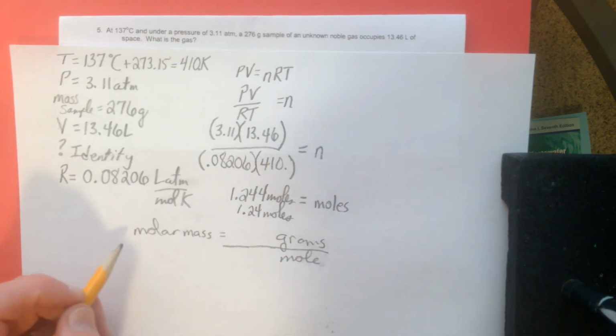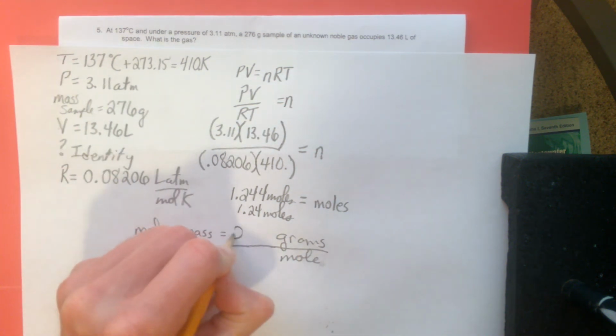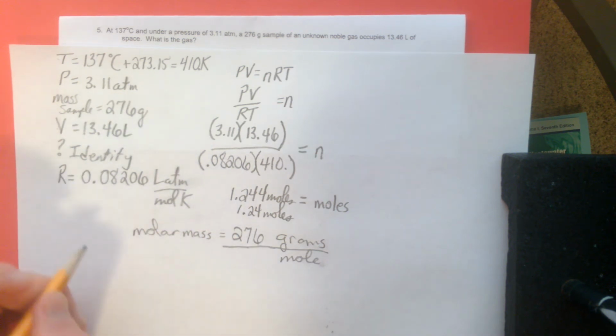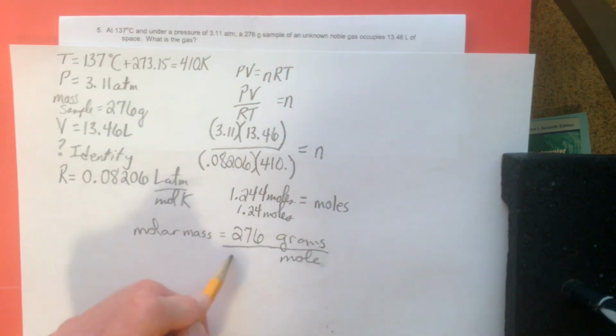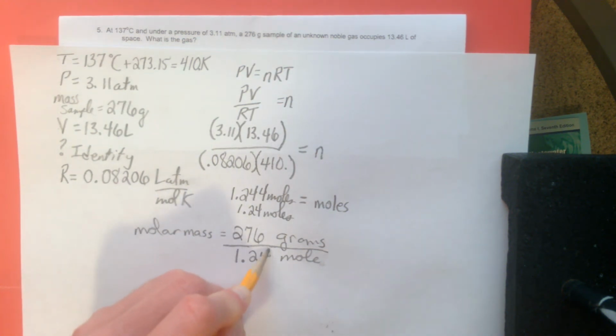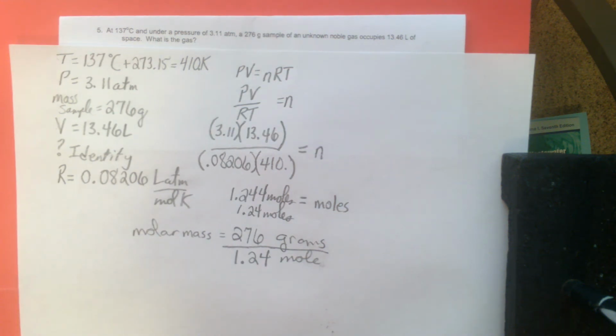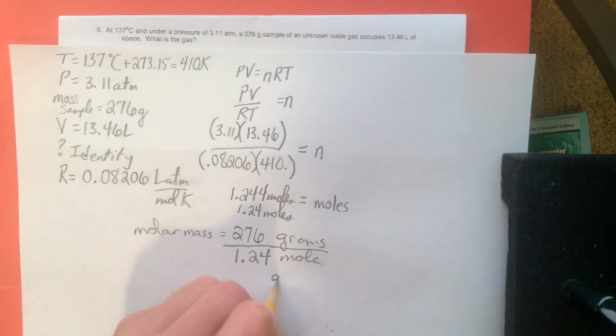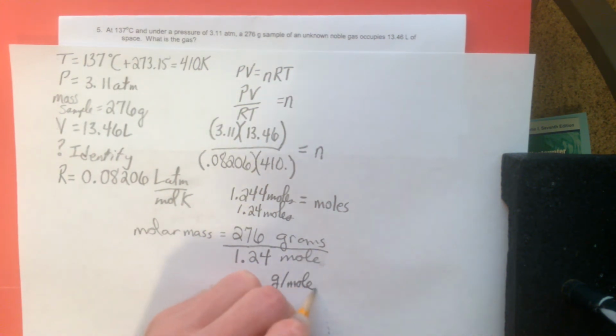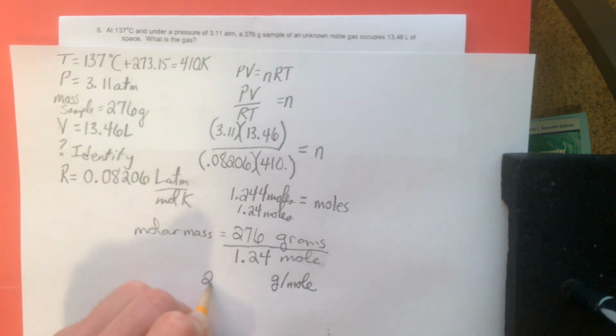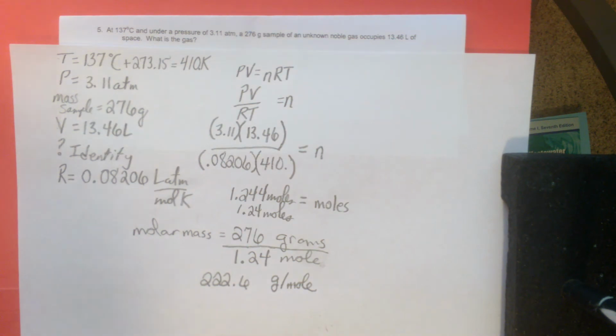So let's take the grams that were given to us, 276 grams, and divide it by these moles that we just found, 1.24. That will give us the molar mass of this unknown gas. And our molar mass looks like 222.6 grams per mole.